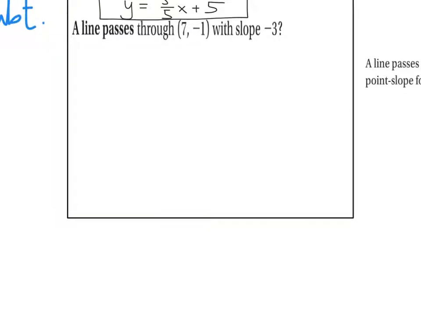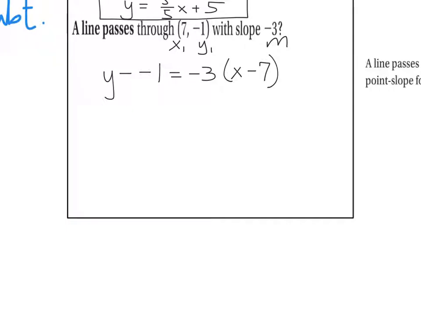Again, that's your m. This is x1, that's y1. So when I plug them in, and there's a mistake, let's erase that. We're going to go y minus y1, which is -1, equals m, which is -3, times x minus x1, which is 7.